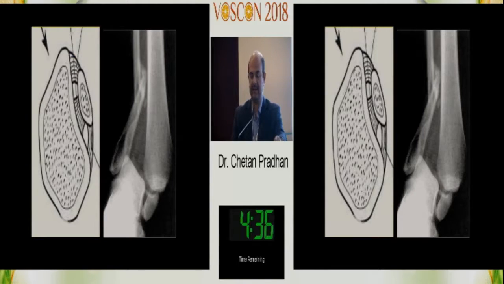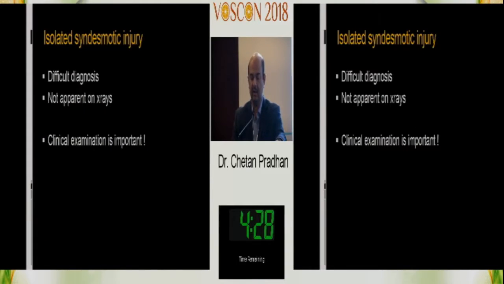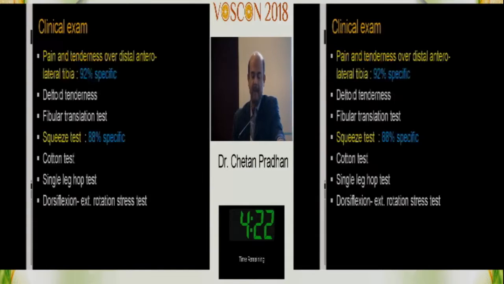So needless to say that if you have an X-ray of an ankle fracture like this, everything is going to be disrupted and needs reconstruction. How do you diagnose isolated syndesmotic injuries? They are not really apparent on X-rays, and it is the clinical diagnosis: pain over the anterolateral aspect, the squeeze test, which is more specific, single leg hop test or the Cotton's test, and the dorsiflexion external rotation test.